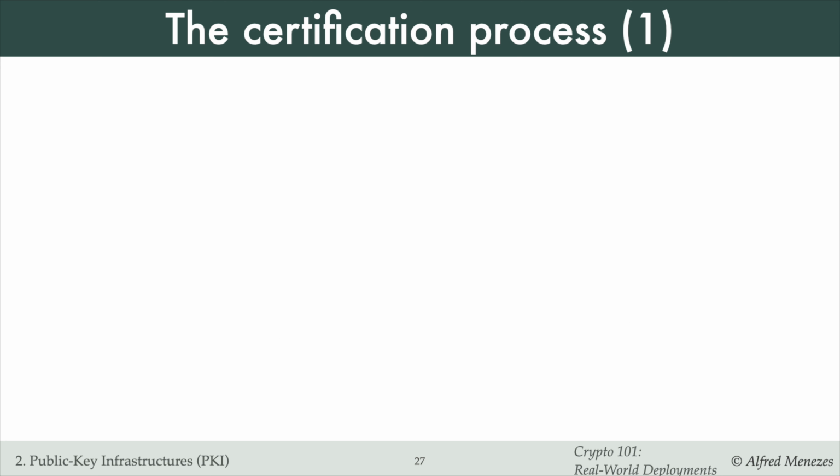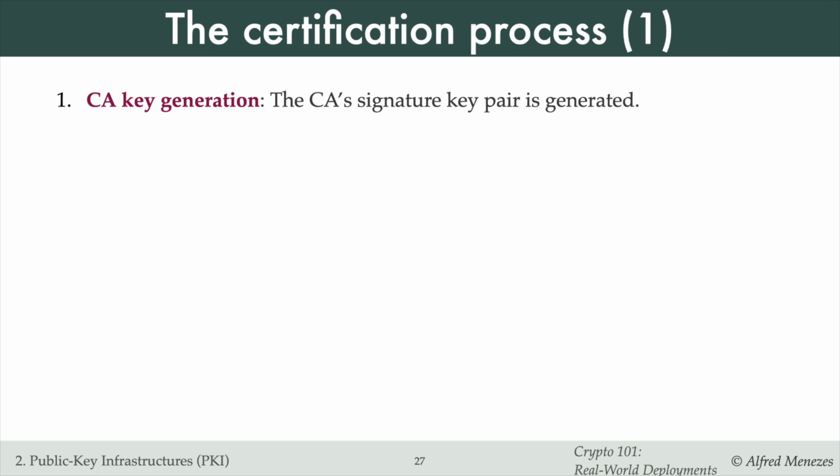An ideal certificate issuance process involves several critical steps to ensure the proper use of certificates. At the beginning, the CA generates its public-private key pair for a signature scheme such as RSA or ECDSA. Protecting the CA's private signing key is of utmost importance, as it is used to sign all issued certificates.